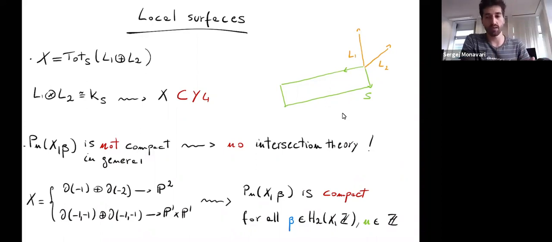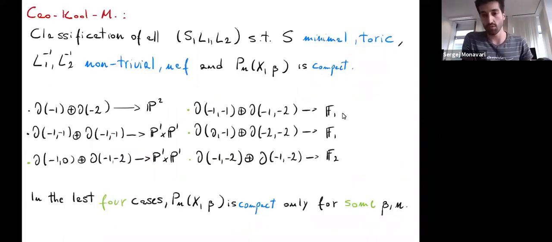So having in mind these two very nice examples where it is always compact, we try to push it as far as possible. Not as far as possible because we wanted some finite number of cases, but we just asked, okay, let's suppose that we want to find when the moduli space is compact so that we can perform intersection theory. So this is important.